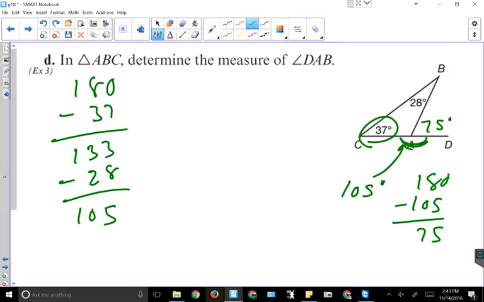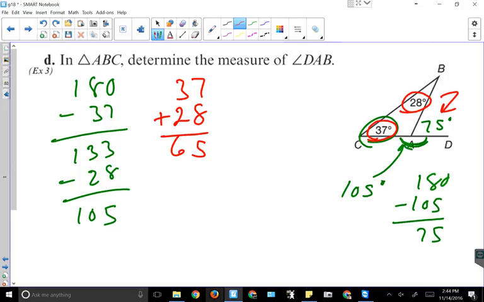Now, if I remember, there was a rule that we had that said that if I take this one here and this one here and add them up, it's the same as this here, right? So if I take 37 plus 28, I end up with how many fives? 65. Ooh, we've got a bit of a problem there.